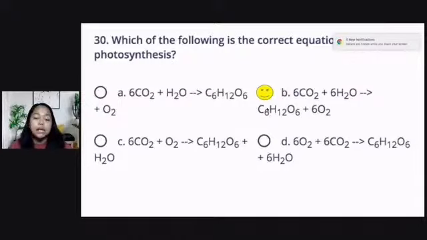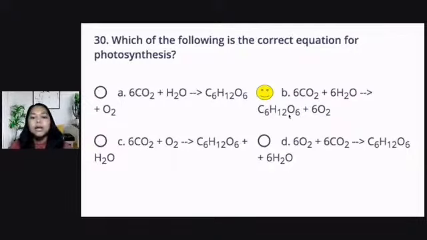So 6 din yung carbon mo. For your oxygen, this is 6 times 2, giving you 12. Plus, there's another 6 times 1 here for oxygen. So 12 plus 6, that's 18 atoms of oxygen.